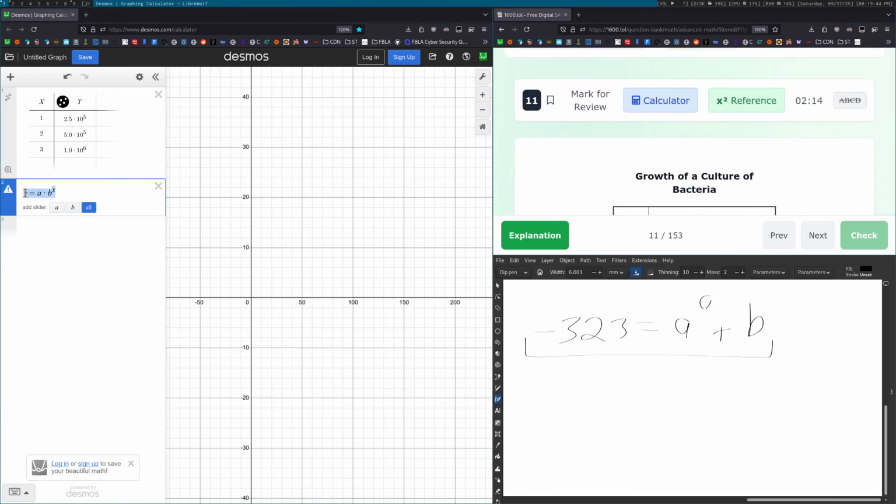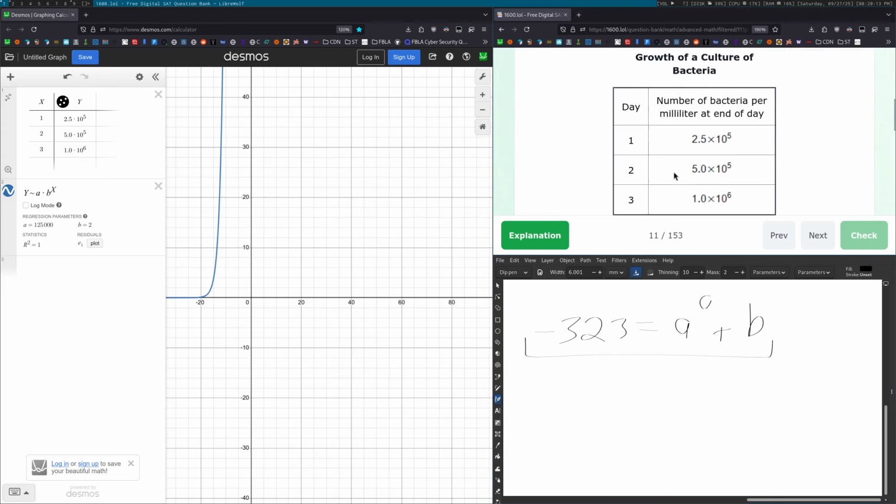But Desmos is not happy with us because we're putting an equal sign and we haven't established anything. We have to put our variables also in this table. So y is equal to a times b to the uppercase x. And the final step is that for regression, we don't use an equal sign. We use the tilde.